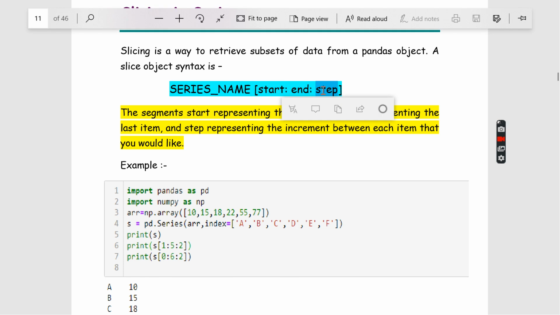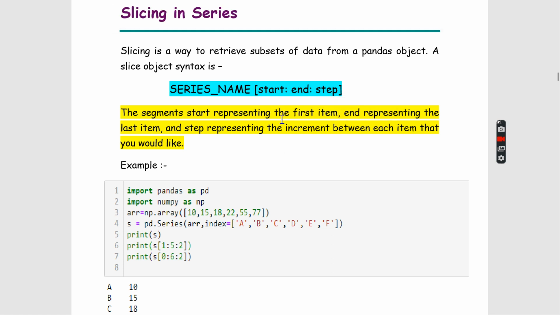If you give a step value, it will jump by that many steps. Suppose the starting value is 0, the ending value is 7, and the step value is 2: it will start from 0, then jump by 2. So 0, 2, 4, 6 will be displayed.